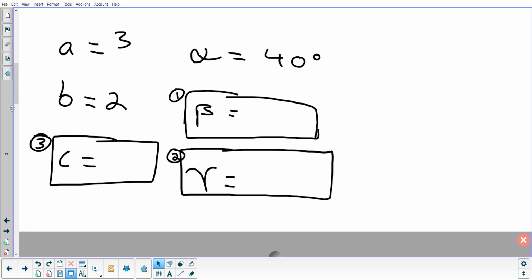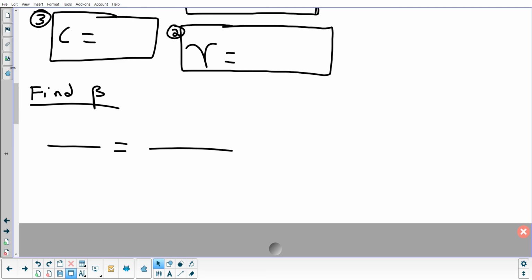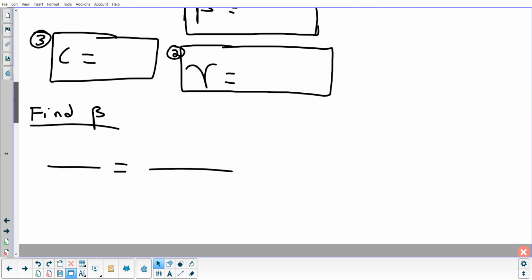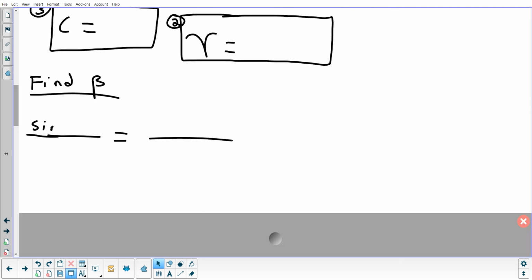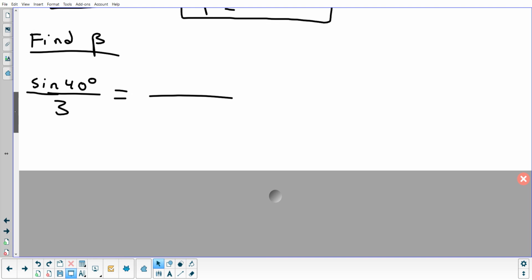Okay, so let's start with beta. So we're going to set up law of sines just like we always do. Let's do sine 40 divided by 3 equals sine beta divided by 2.